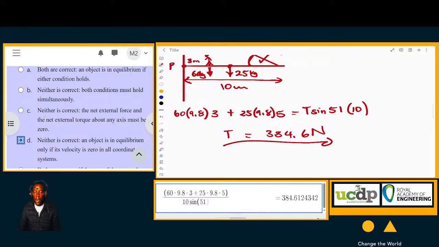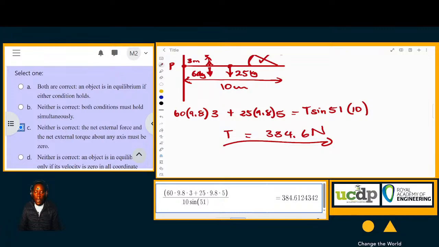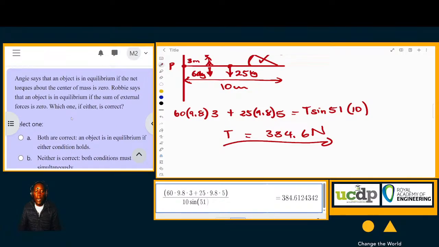Then neither is correct: the net external force and net external torque about any axis must be 0. I'll go with this. Let's see. Neither is correct. Both conditions must hold simultaneously. The condition about external torque about the center of mass eliminates what Ng says.